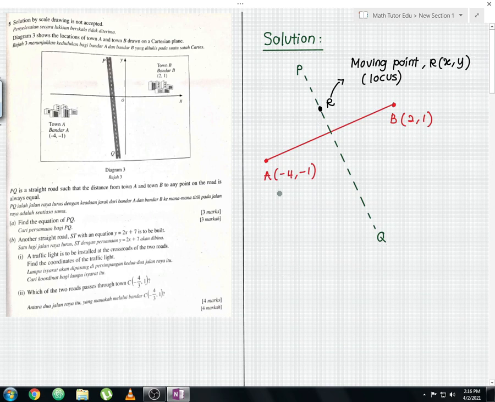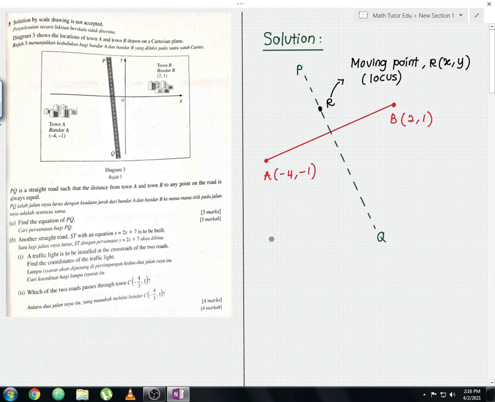As you can see here, this is the point A and point B, which according to the real diagram, is indicating the town A and town B. This dotted line PQ resembles the road PQ, and this point R indicates a moving point. To be more precise, it is a locus. Moving point locus with a point R, x, y. Doesn't matter, guys, you can write point S, point T. It is up to you.